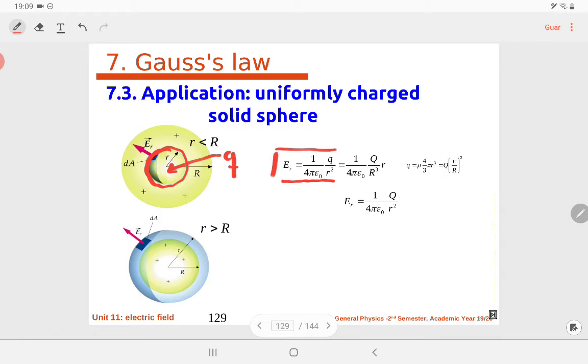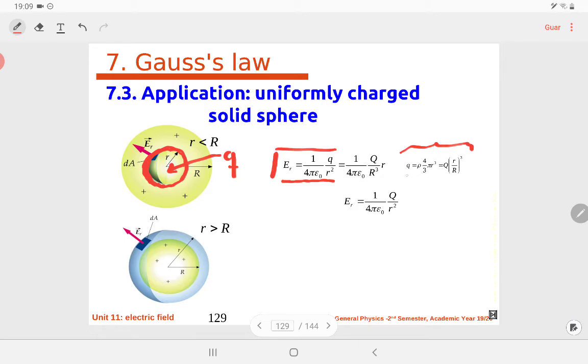Okay? However, small q is not equal to big Q, because small q is the charge that is just inside this surface here. So to relate both, we can use the volume charge density, rho, and we can find out what the relationship between both is.